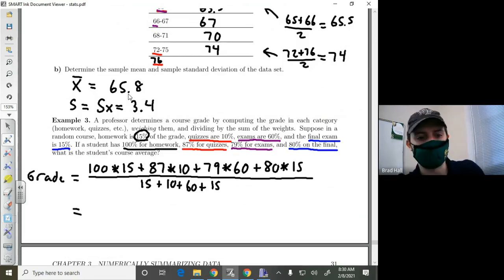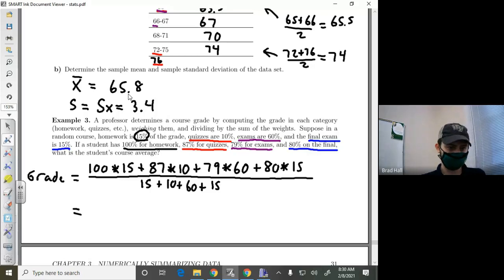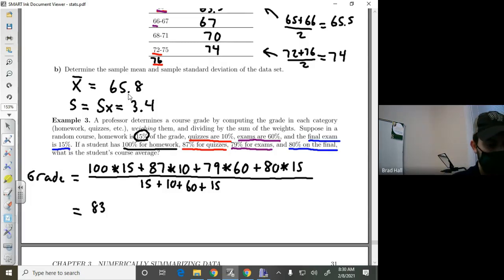Let's go ahead and figure out what this number comes out to be. 8,310 divided by 100 comes out to be 83.1%.